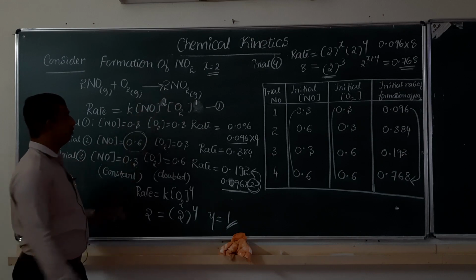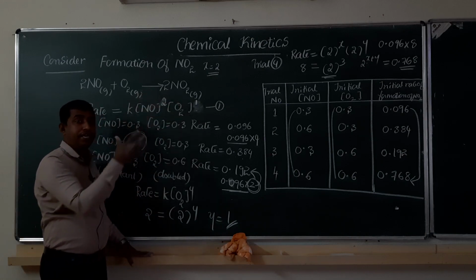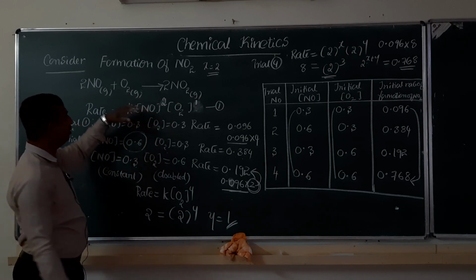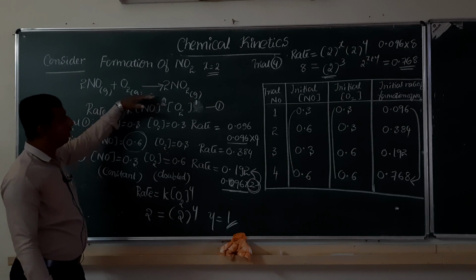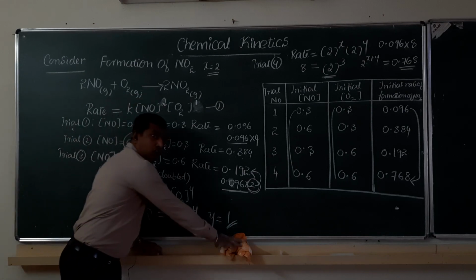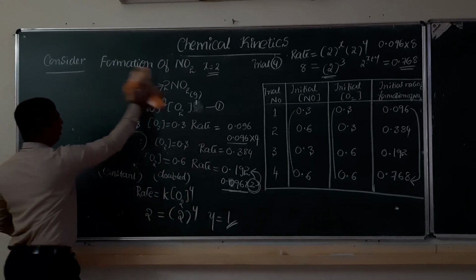So this is the rate law for the formation of NO2. The rate law for a given reaction cannot be written just by looking at the balanced chemical equation. It is always obtained from the experimental data. See, if you go for chemical reactions, there are two different types of chemical reactions.